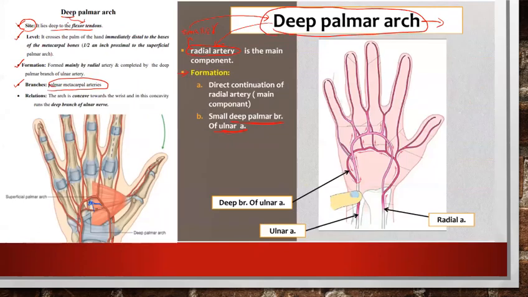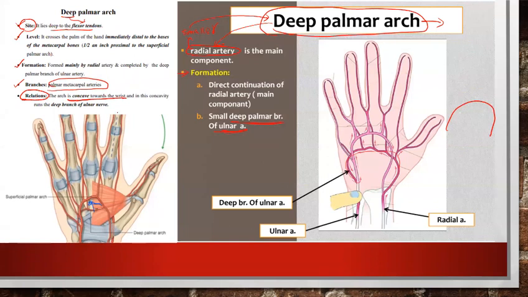The last point in the deep palmar arch is the relations. If we see here, the deep palmar arch is concave towards the wrist, like that.